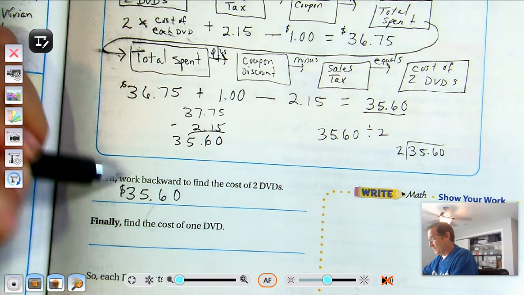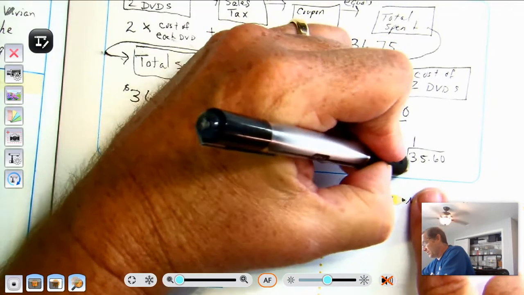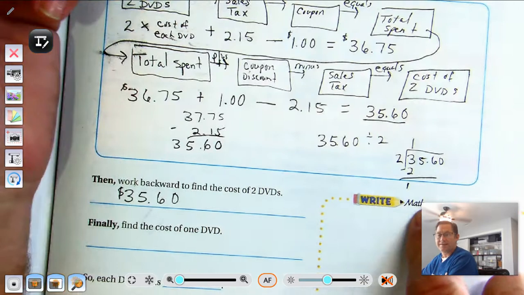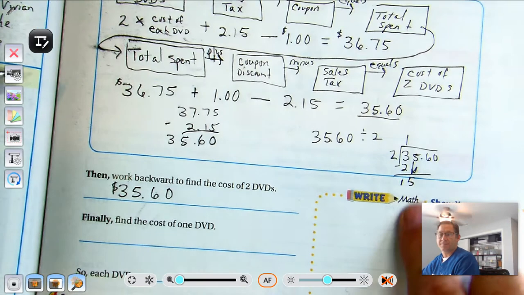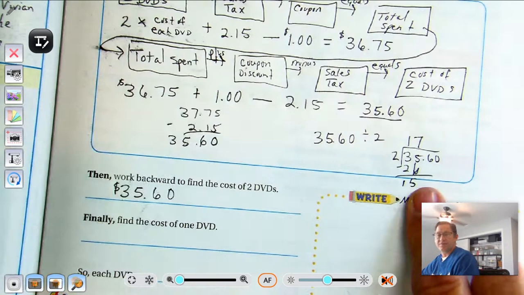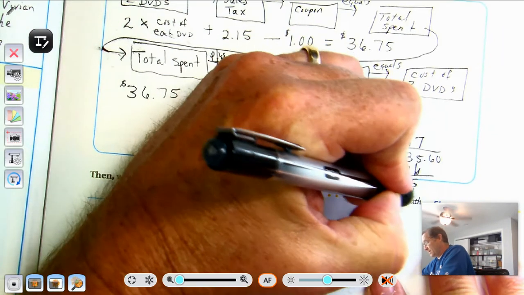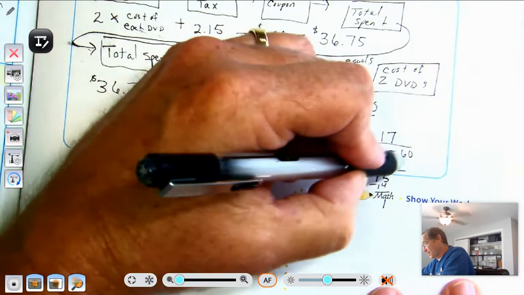What's the cost of 1 DVD? Well, I can share 10 with the 2 groups, leaving me with 10 that I can't share with 2 groups. I'm going to bring down the 5 ones and think of this as 15 ones divided by 2, because I can put 7 ones in each group. I'd be left with 1, which I can't share with 2 groups.